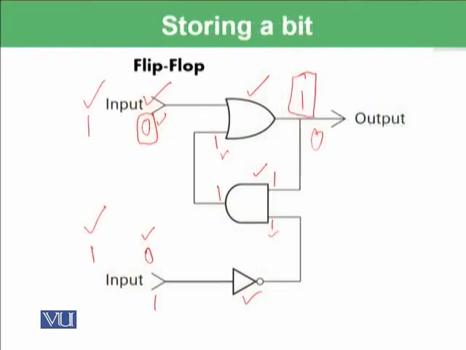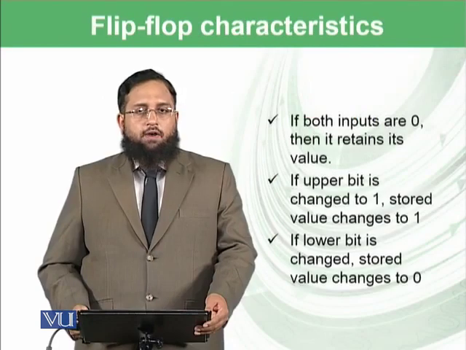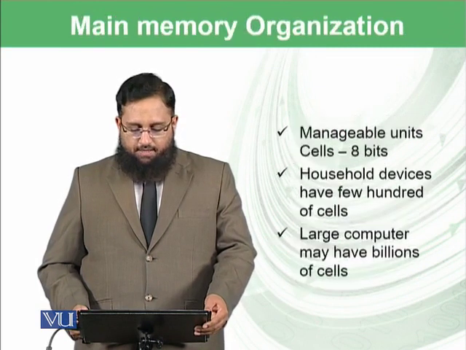So if we want to store 1 in that bit, we need to put 1 here, and if we want to store 0, we need to put 1 here. So these are the points from where we can control this circuit. So this is how we have learned how to store 1 bit in a memory.